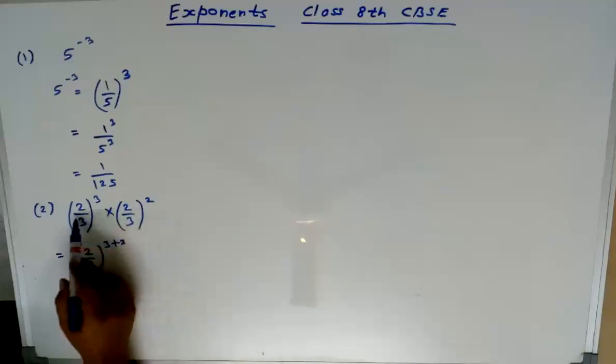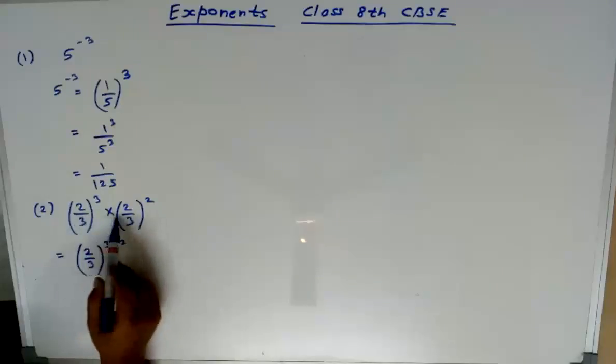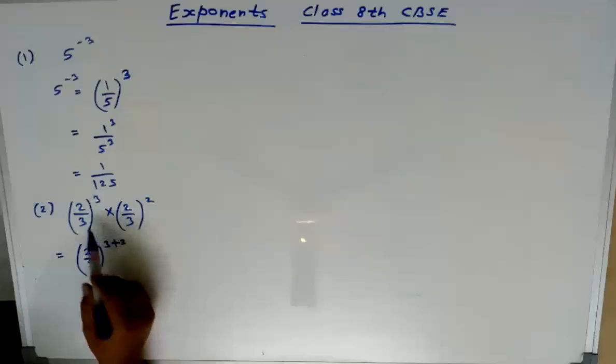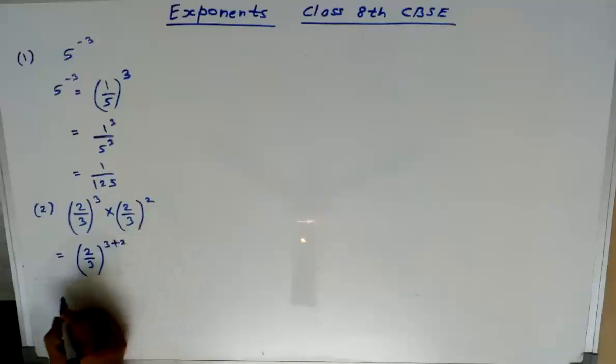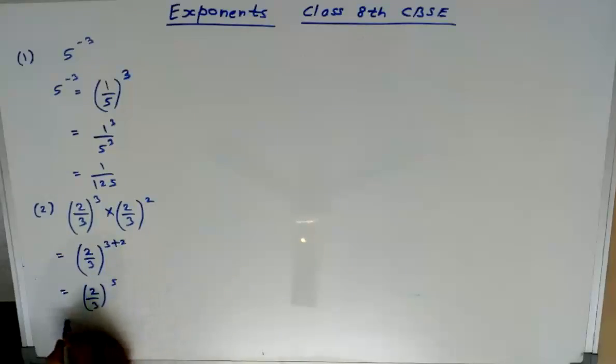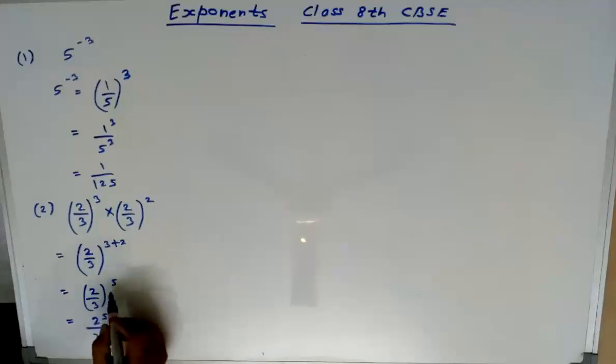Since both these rational numbers are same with different exponents, their exponents will get added. It means (2/3)^5, or 2^5 upon 3^5.